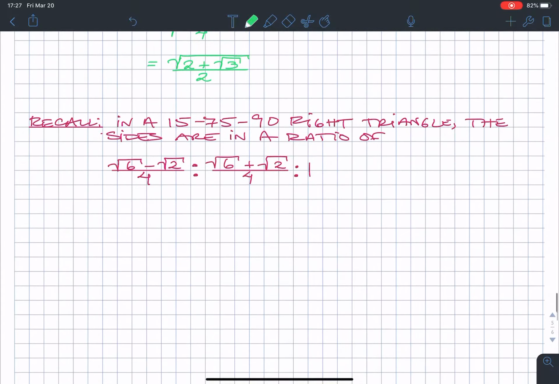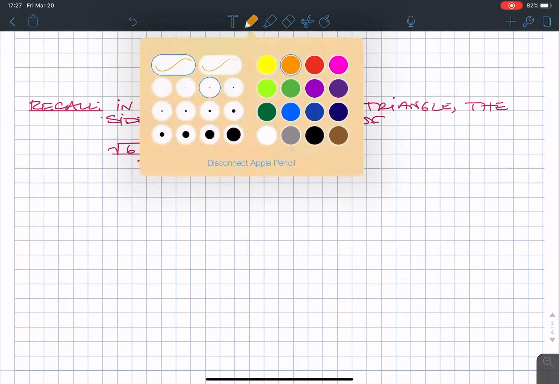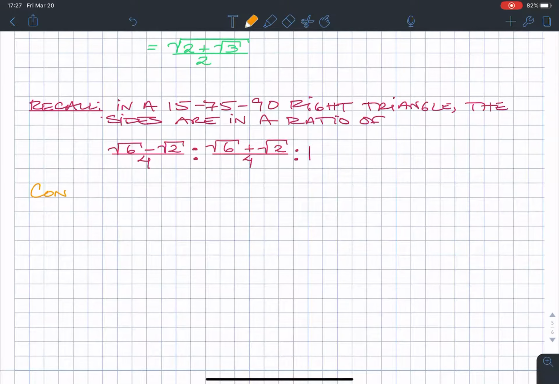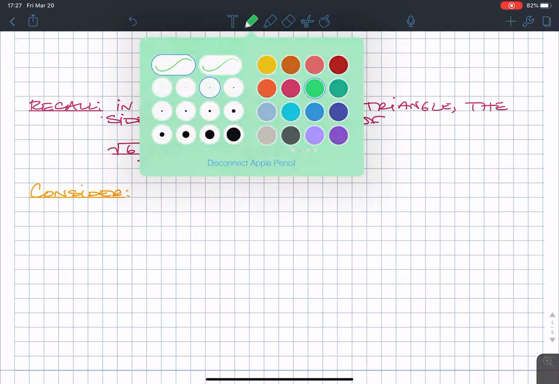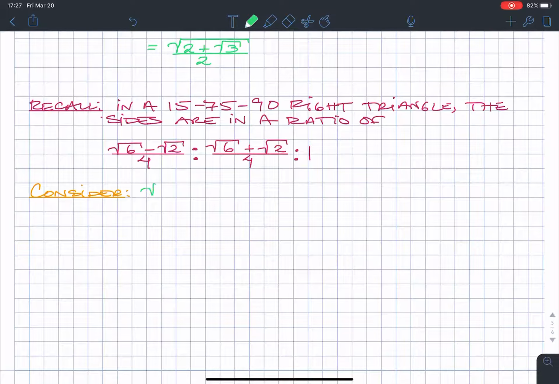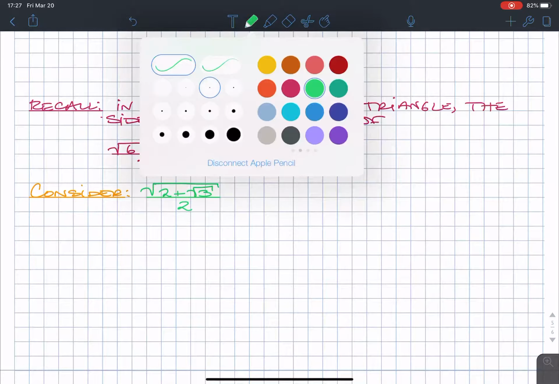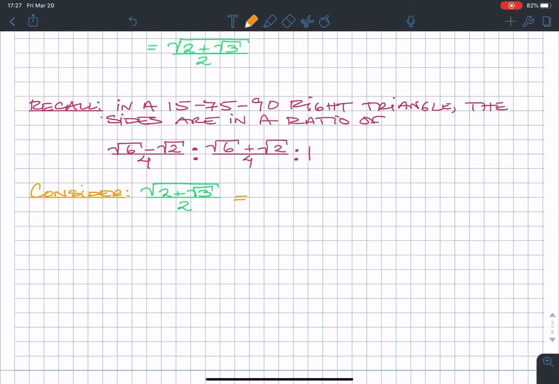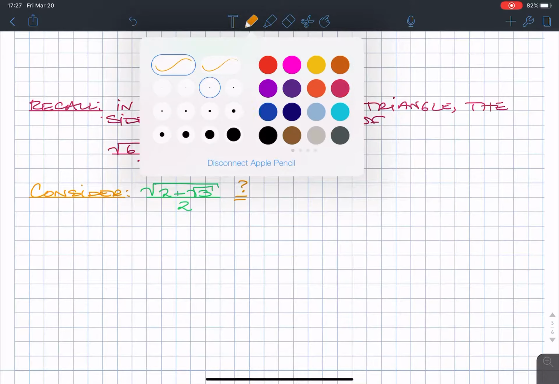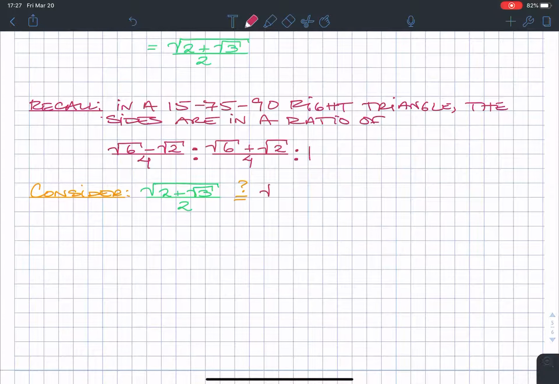Well, let's see. Let's consider. Is the square root of 2 plus the square root of 3 all over 2 equal to the square root of 6 plus the square root of 2 all over 4?